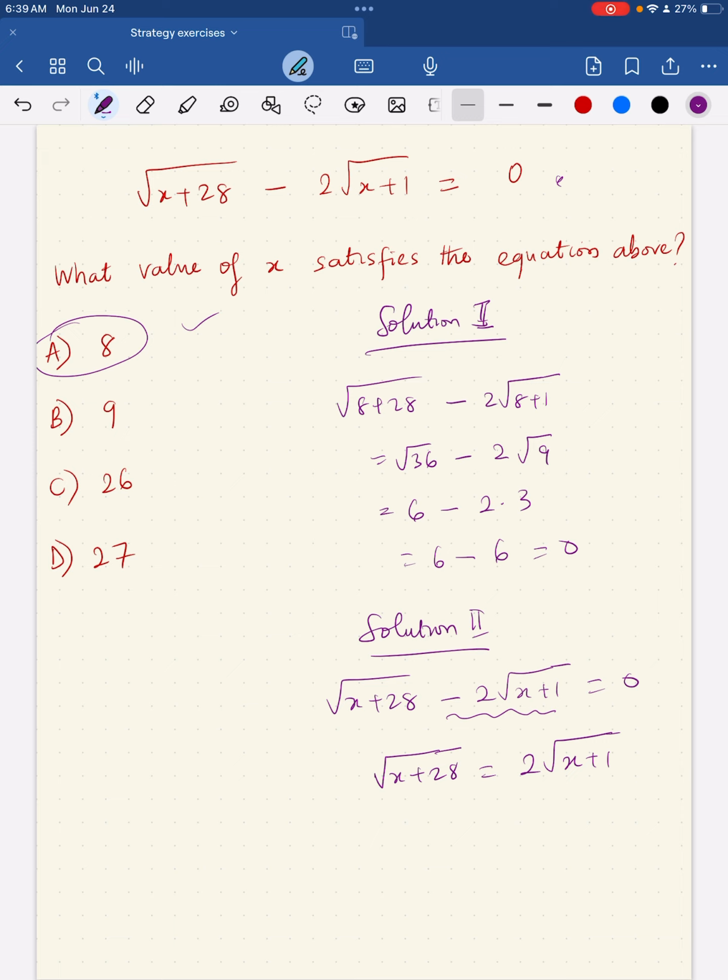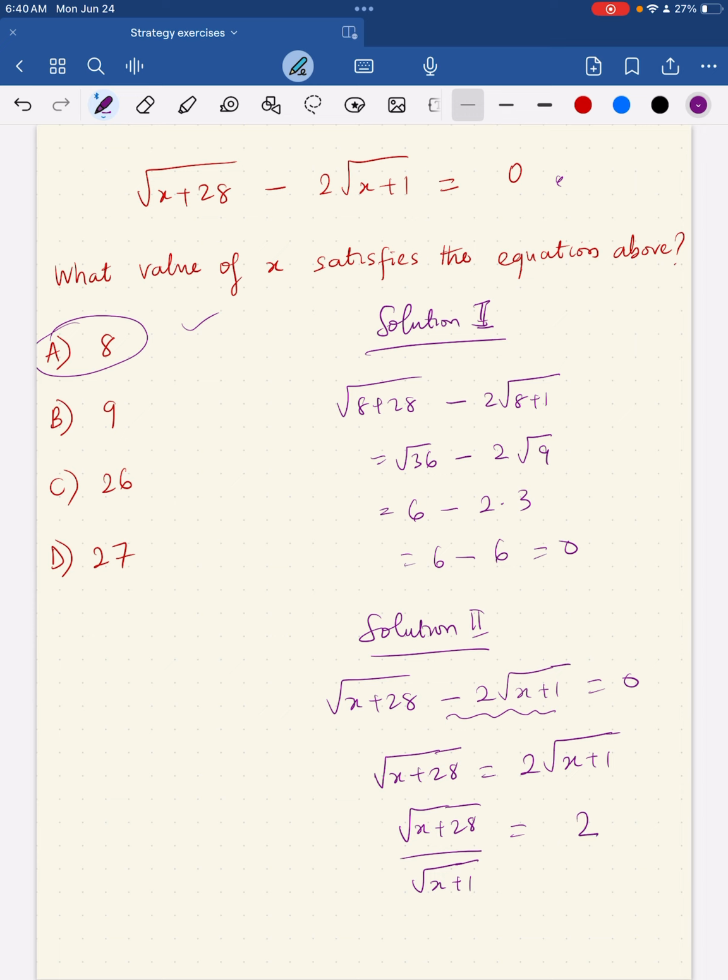Just making sure what I did here was just adding this to both sides, and this is what you get. Now, we can also say from here that square root of this divided by square root of this, if I divide through by square root of x plus 1, will be equal to 2.